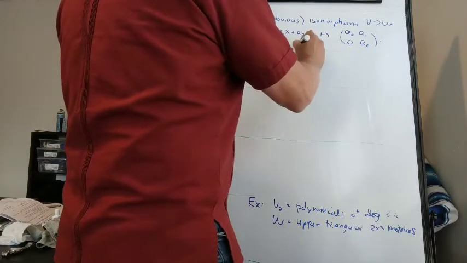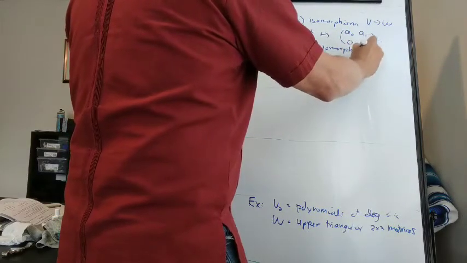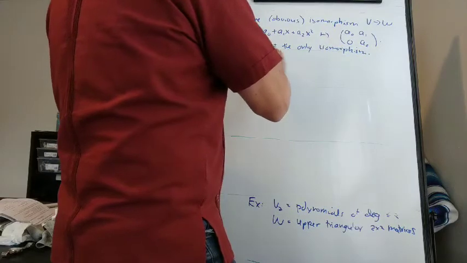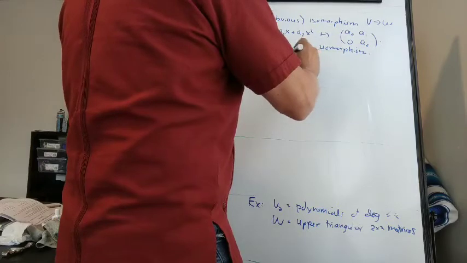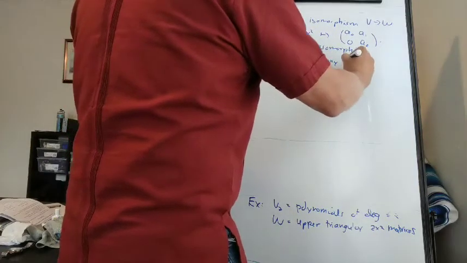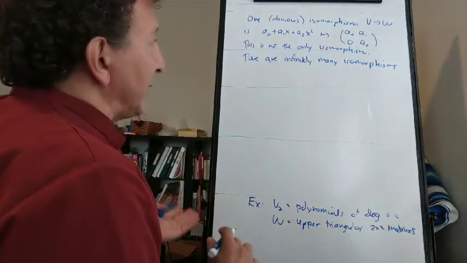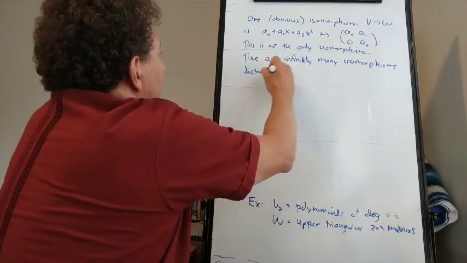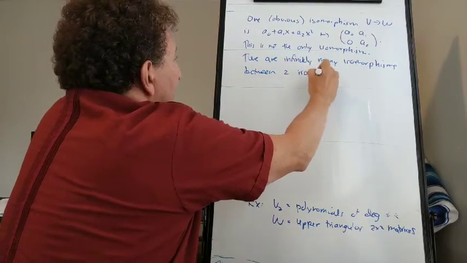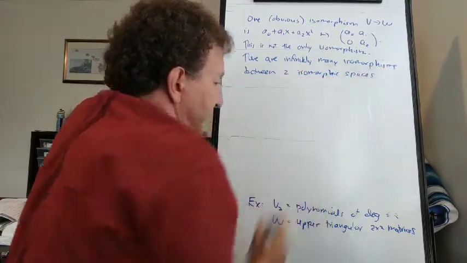Now this is not the only isomorphism. In fact, there are infinitely many isomorphisms from any space to another space which is isomorphic to it, so between two isomorphic vector spaces.